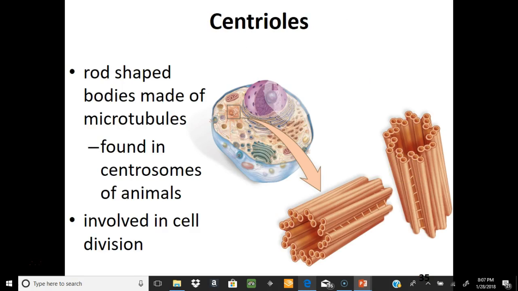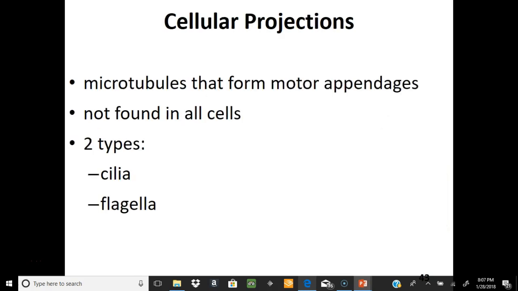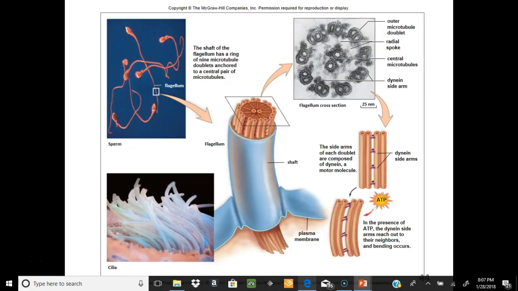Microtubules form the centrioles within the cell. Centrioles control the spindle fibers, which control DNA movement during cell division. And microtubules also function in movement of entire cells, so they form cilia and flagella.